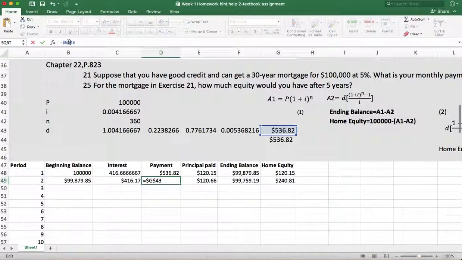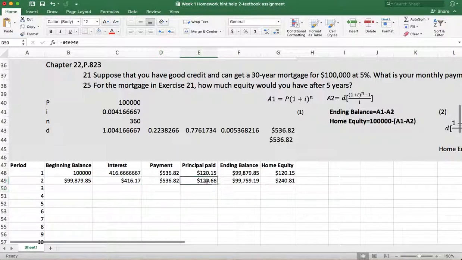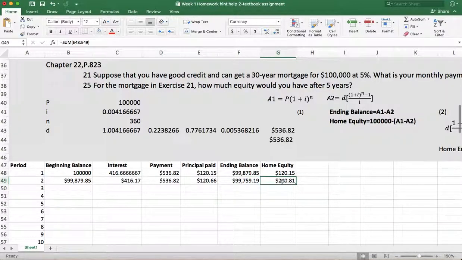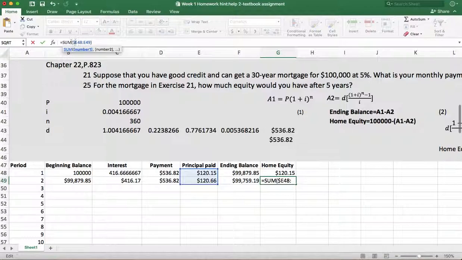Just put a dollar sign in front of the column sign and in front of the row sign. Lock it. The principal paid, ending balance and home equity, because home equity is the sum of the principal paid each period, always begin with the first period.